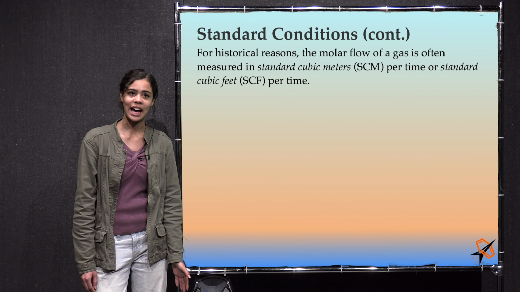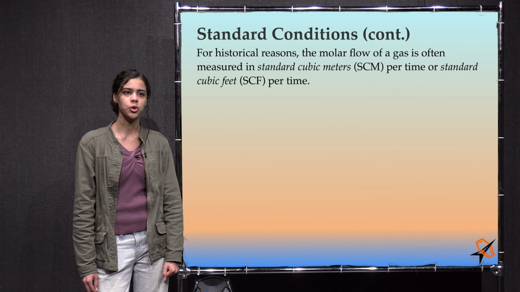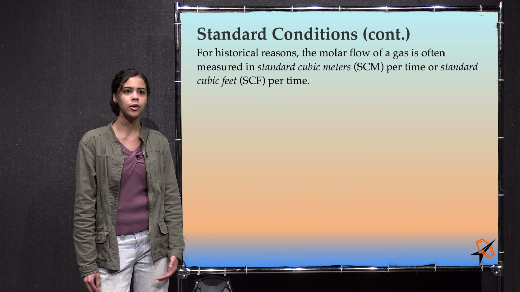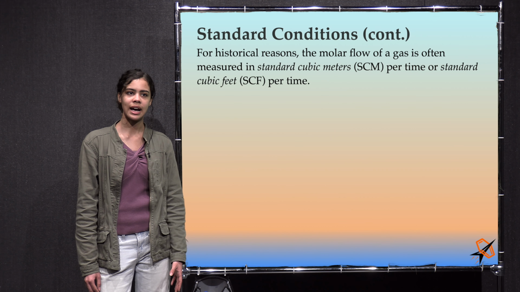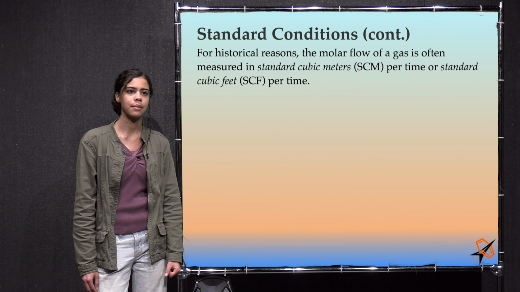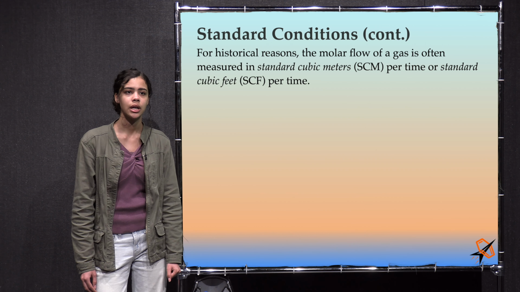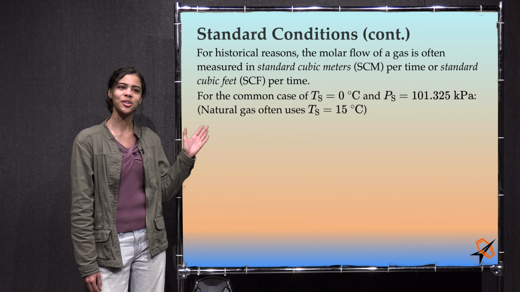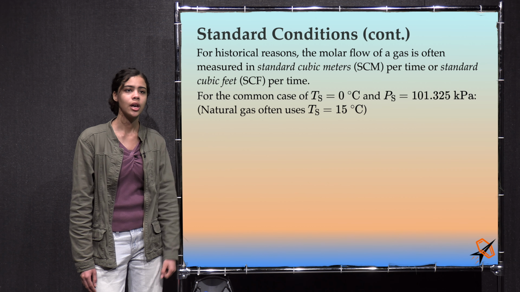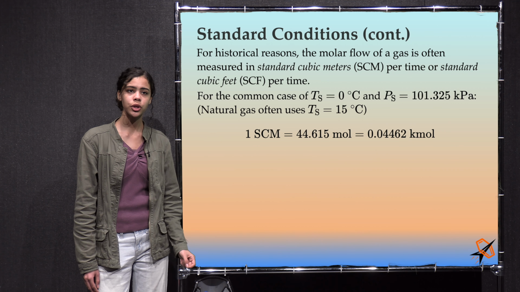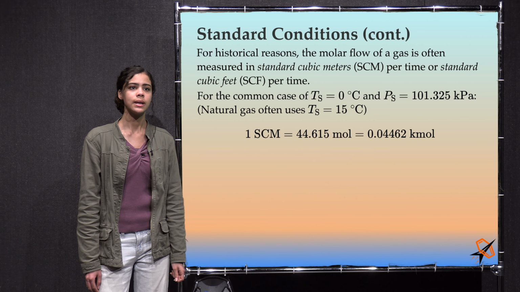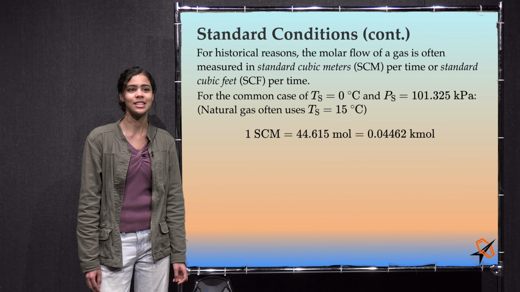The molar flow rate of a gas, rather than being specified as moles per time, kilomoles per time, or pound moles per time, is often specified as standard cubic meters per time, or standard cubic feet per time. For the possibly common case of 0 degrees Celsius and 1 atmosphere, 1 standard cubic meter is 44.6 moles, or 0.0446 kilomoles.